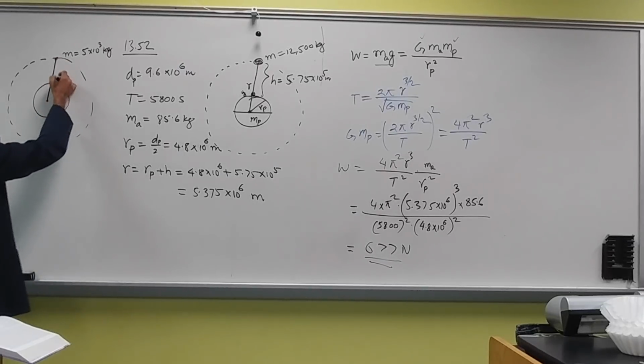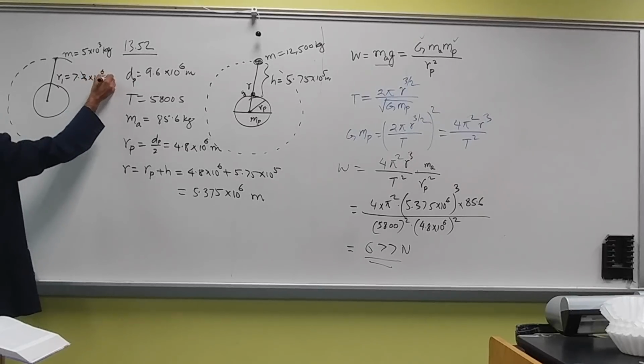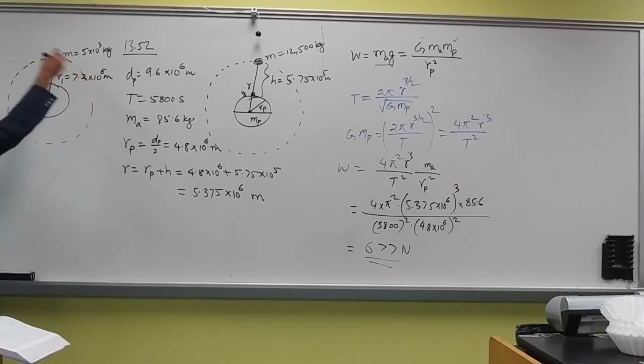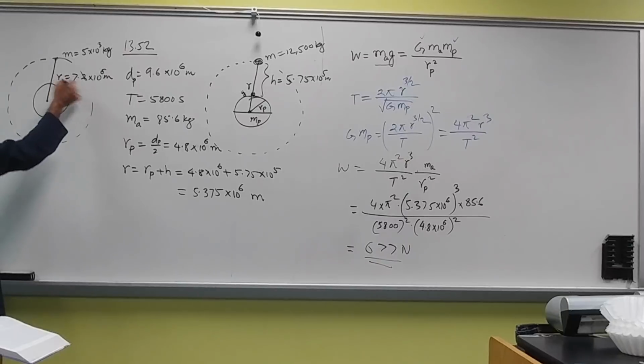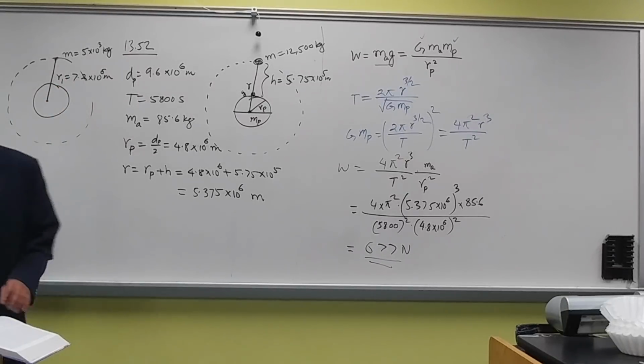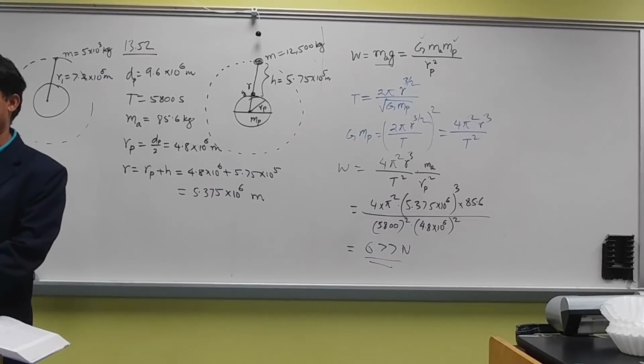So this one, I call it R1 equals 7.2 times 10 to the 6 meter. The rocket is here in the circular orbit at this radius. Height, no, radius actually. It says radius. So in a circular orbit of radius, that one, it means it is from the center. That's a good question, right? If it says height, then you have to add that.